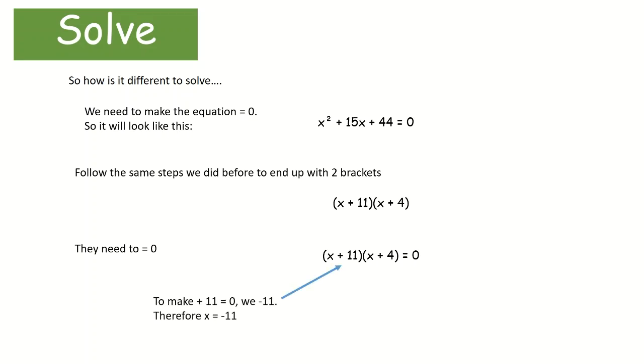If I want plus 11 to equal 0, I'd have to subtract 11. So therefore in this first bracket, x is minus 11. For the second bracket, to make plus 4 equal 0, I'd have to subtract 4. Therefore x is minus 4. So I'd have an answer of x is minus 11 or x is minus 4. You can actually have 2 answers. In this case, you need both.